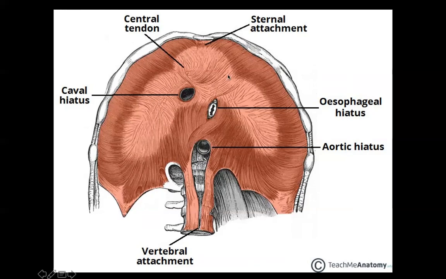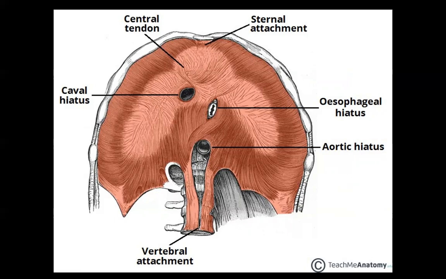Some features to be able to identify on the diaphragm: the central tendon. The central tendon is the thin but strong aponeurosis of the diaphragm into which all of the muscle fibers insert. And it has 3 openings in it through which the vena cava, the aorta, and the esophagus pass.